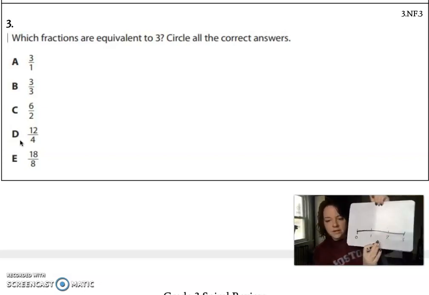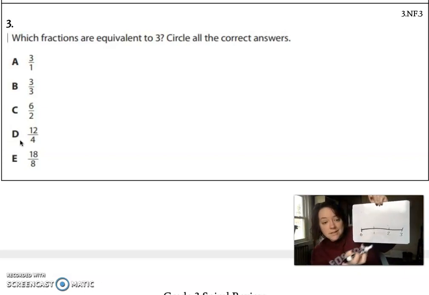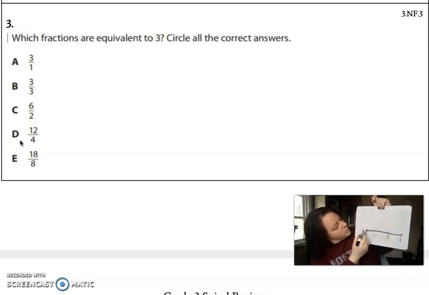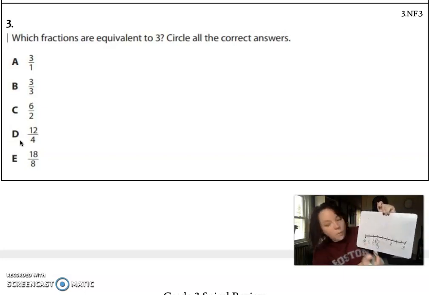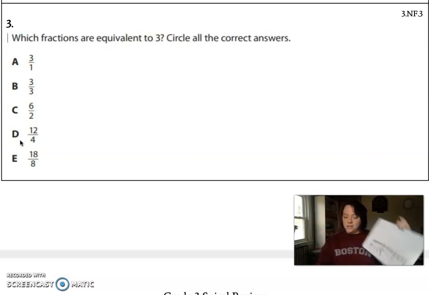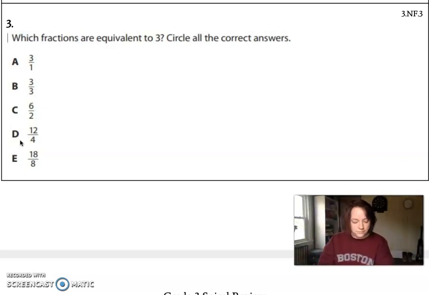Now I need to divide this up into thirds because that's what we're looking for. 0/3, 1/3, 2/3, 3/3. Oh, found 3/3. It equals 1, not 3. So we know B is not correct.